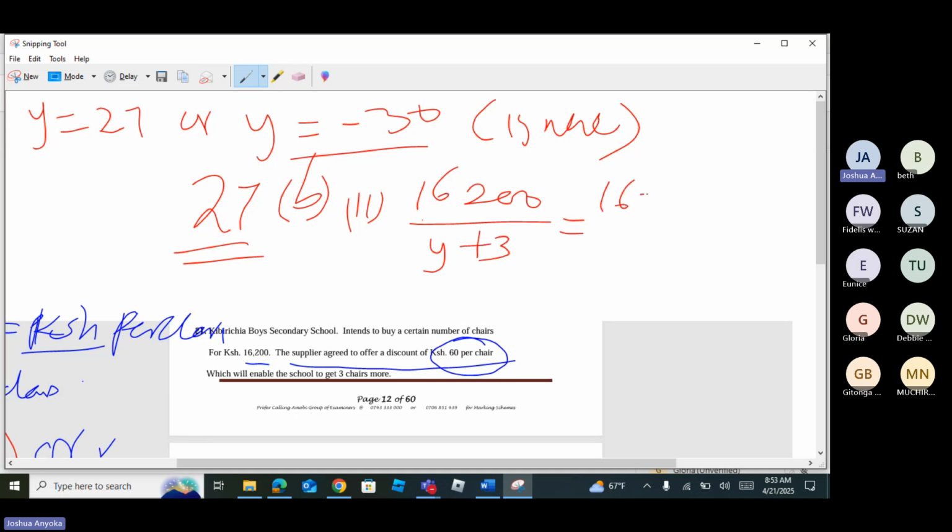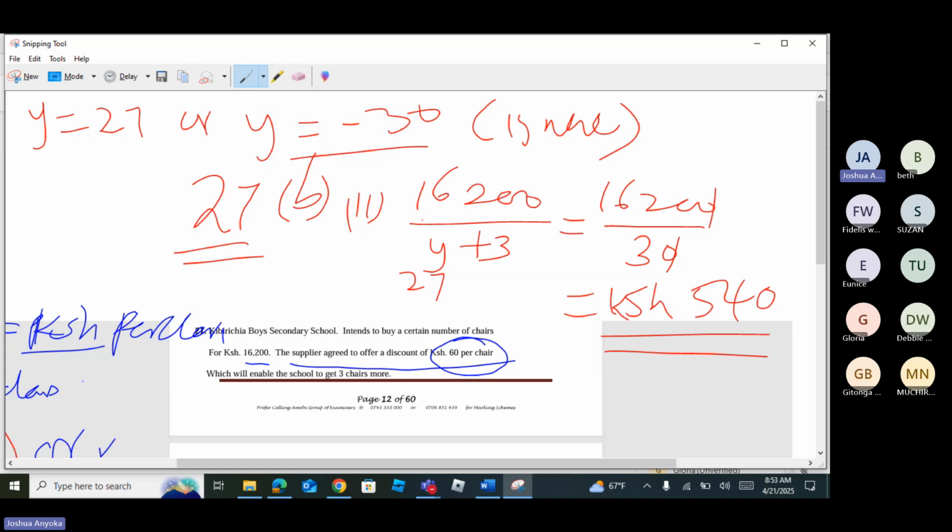It is 16,200 divided by, y is 27, so 27 plus 3, 30. In Kenya shillings, 16,200 divided by 30 gives 540.